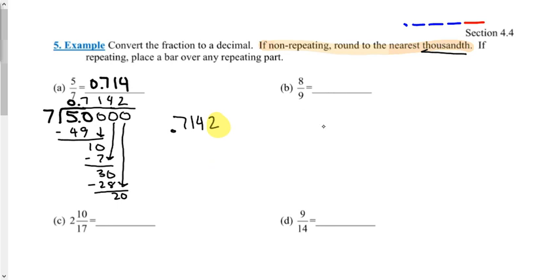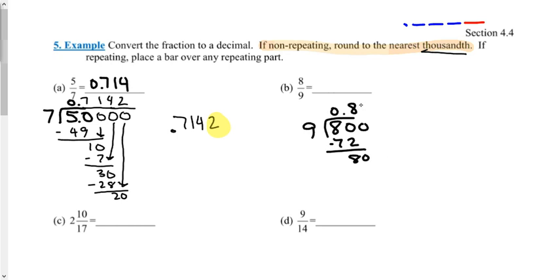All right, the next one, 8/9. We'll take 8 and divide it by 9. Of course, 9 doesn't go into 8. And so this will be 8 times 9, which is 72. I just add a zero on. Uh-oh, look at that. I'm back at 80. I'm trying to figure out how many times 9 goes into 80.